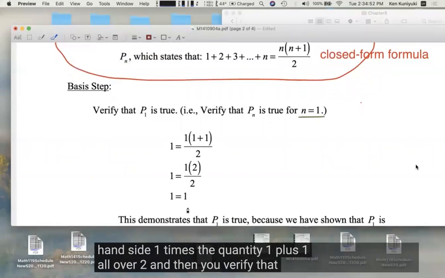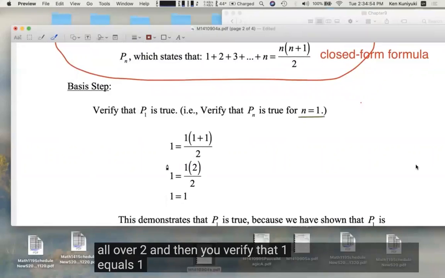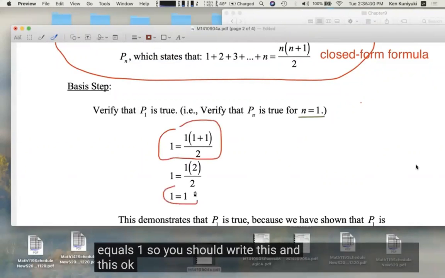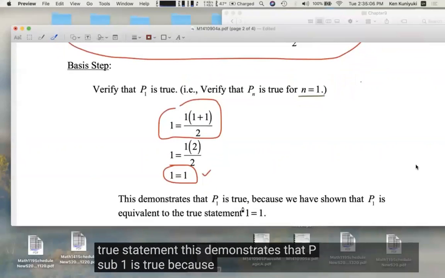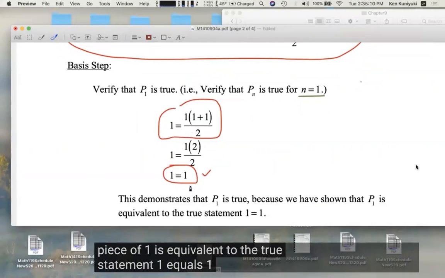And then you verify that 1 equals 1. So you should write this and this. And of course, 1 equals 1 is a true statement. This demonstrates that P(1) is true because we've shown that P(1) is equivalent to the true statement 1 equals 1. The basis step.